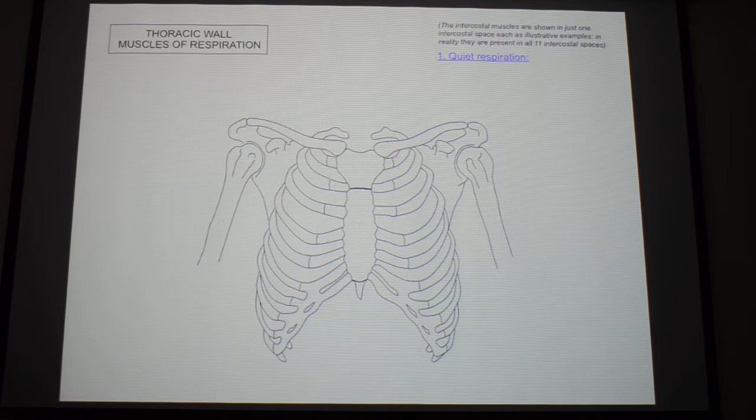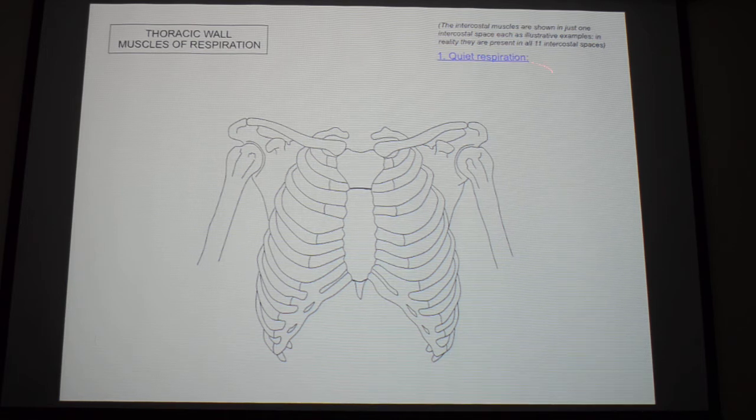For the quiet respiratory movements, we use our primary muscles, and for the forced type of movements, we use our accessory muscles. We use our accessory muscles when we are climbing uphill, after a big jog or a big run, after exercise, or when a dog was after you and then the dog is gone somewhere. Then you have that status.